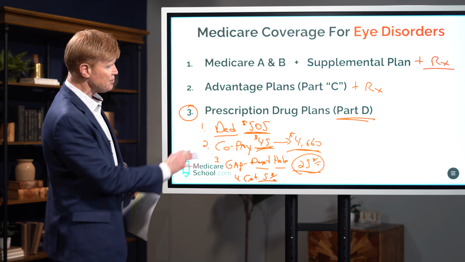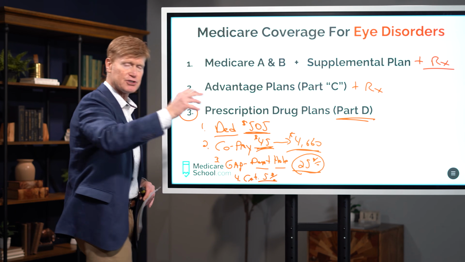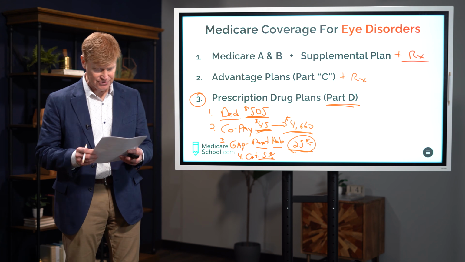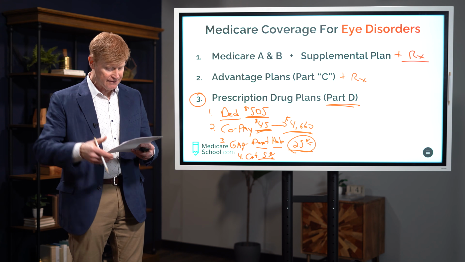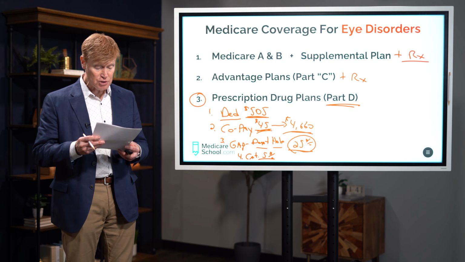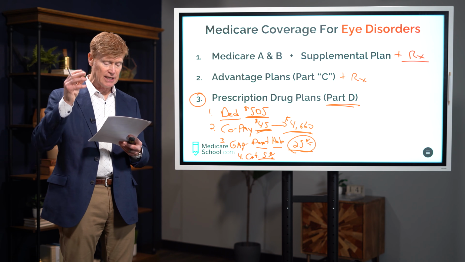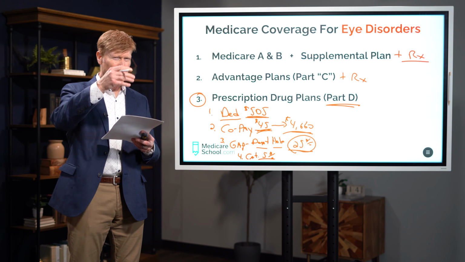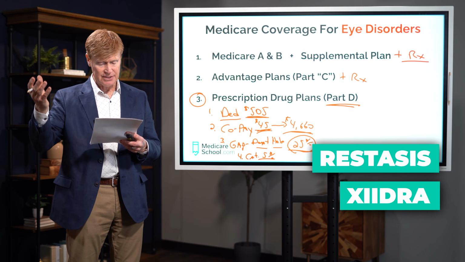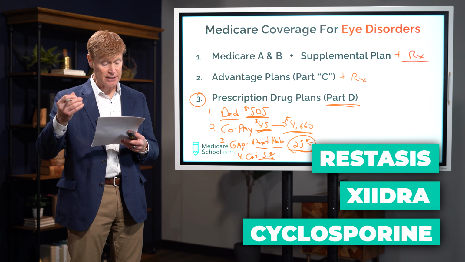And all I'm trying to teach you is that you are going to need meds for some of these eye disorders. Now, again, I told you there's well over 100 different medications that are available. Let's just talk about the issue of dry eyes. Very, very common today. Most people that are getting dry eye treatment are getting one of 3 meds: Restasis, Xiidra, and then also cyclosporine.